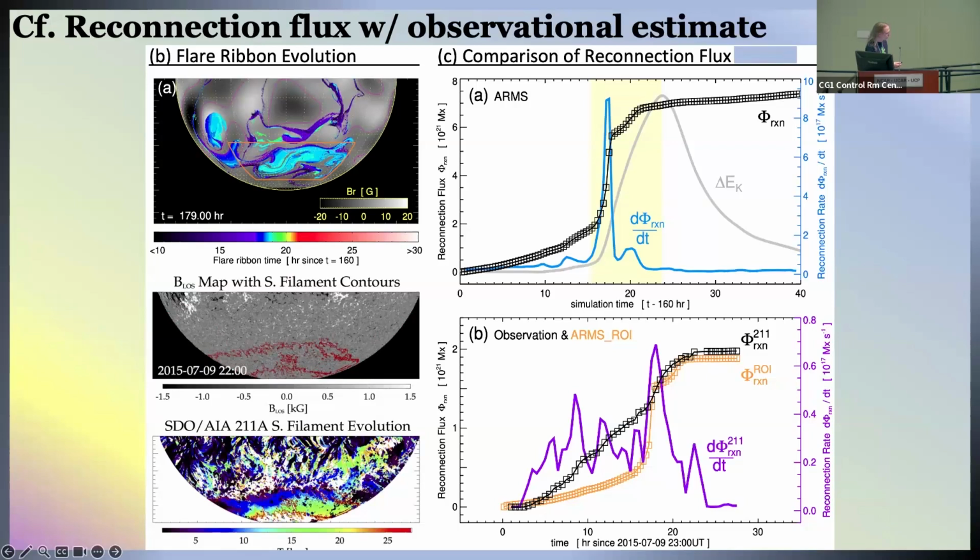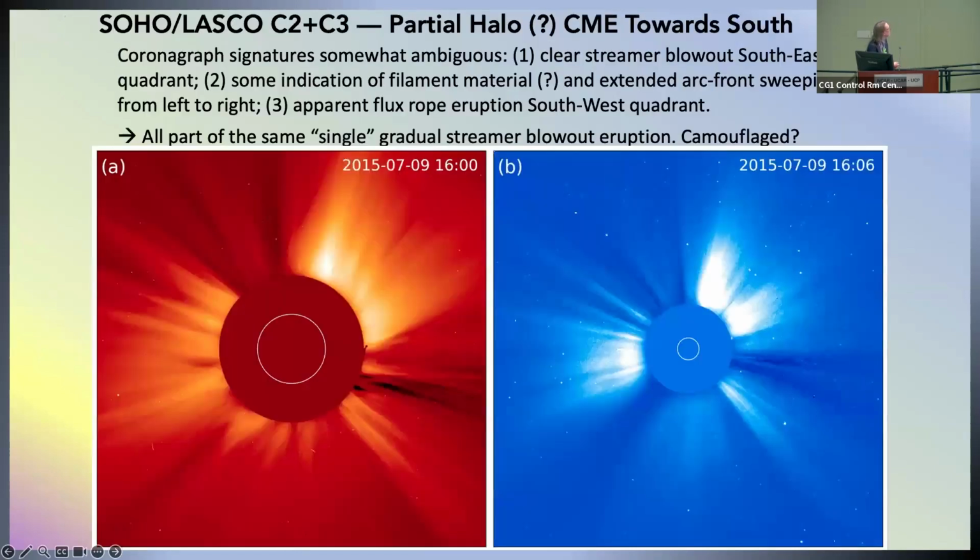But I think it's because this is generally a weak field region, so I didn't have to get any sunspots correct. I could just take a generic large source region. If I count up the flux, my modeling and the observations are pretty reasonable in terms of observed flux in the flare and flux that ended up in the CME.